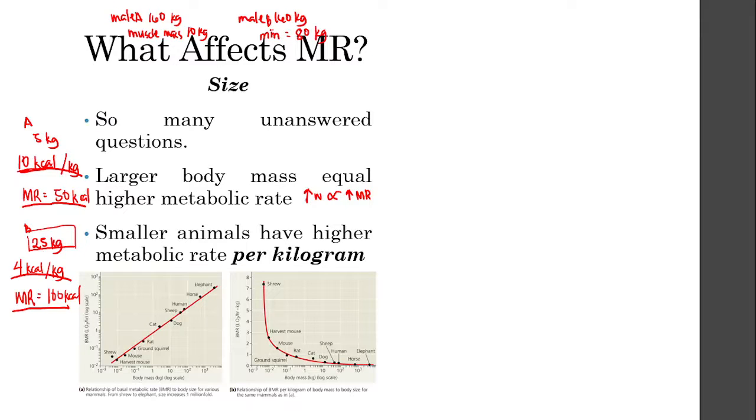Despite having the same size, the same weight, male B would actually have a higher metabolic rate for the simple reason that muscle burns more calories than fat does. So for those who are trying to lose weight, sometimes you may feel discouraged that you're not losing weight.